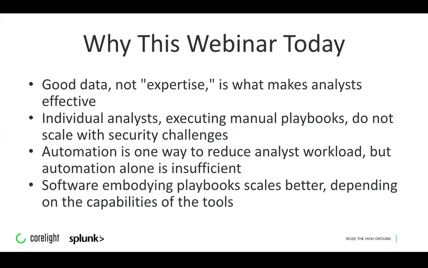Now, once you have good evidence and you have analysts trying to deal with security challenges, the traditional model was you would execute some type of playbook, and maybe it wasn't called a playbook, maybe it was just called your process or your procedures. But that model does not scale with modern security load.